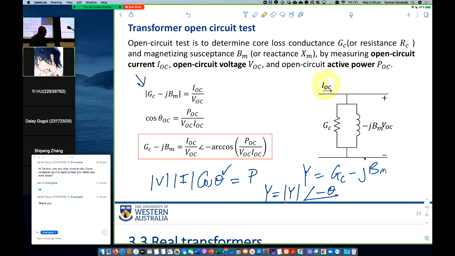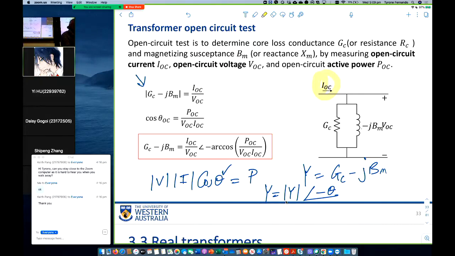So I think it's important to understand, but I want you to think a little bit more. When you calculate the angle theta, cos inverse, why do I need to negate that here to get the angle of the admittance? I would like you to think a little bit about that. I'll give you a hint. All right.